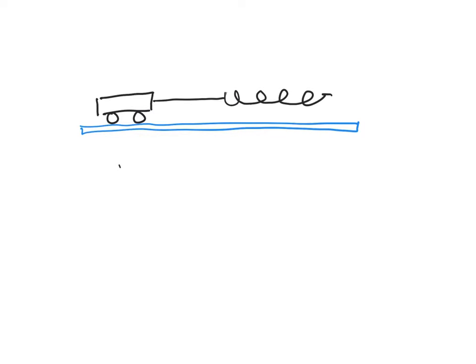And the forces involved here, let's look at our cart. So for our cart, we had Fg, we had Fn, we had Fs, and a little bit of frictional force.